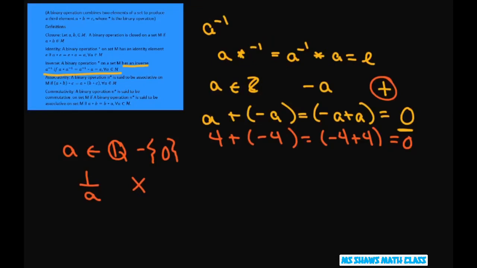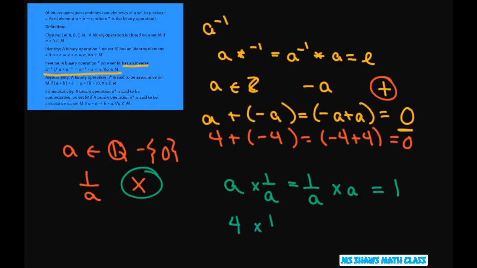So, for example, A times 1 divided by A equals 1 divided by A times A, which equals 1. And that's under multiplication. So if we go back to 4, 4 times 1/4 equals 1/4 times 4 equals 1. All right, next one is associativity.